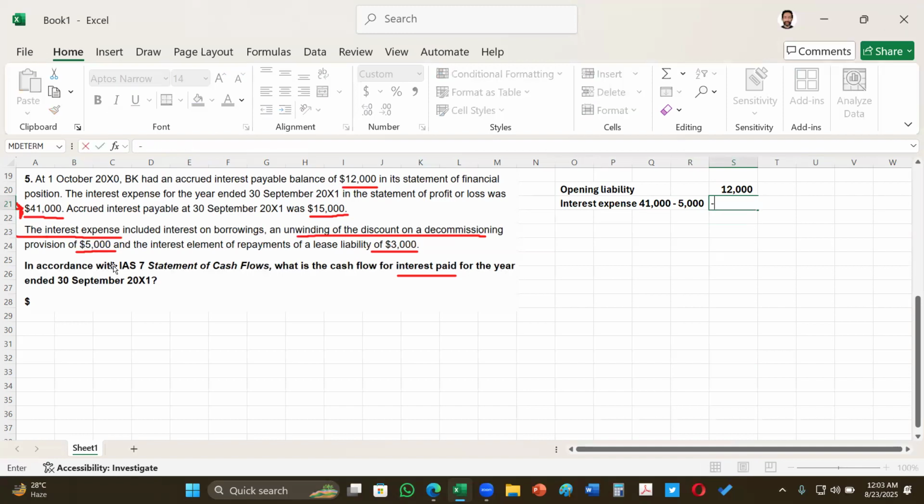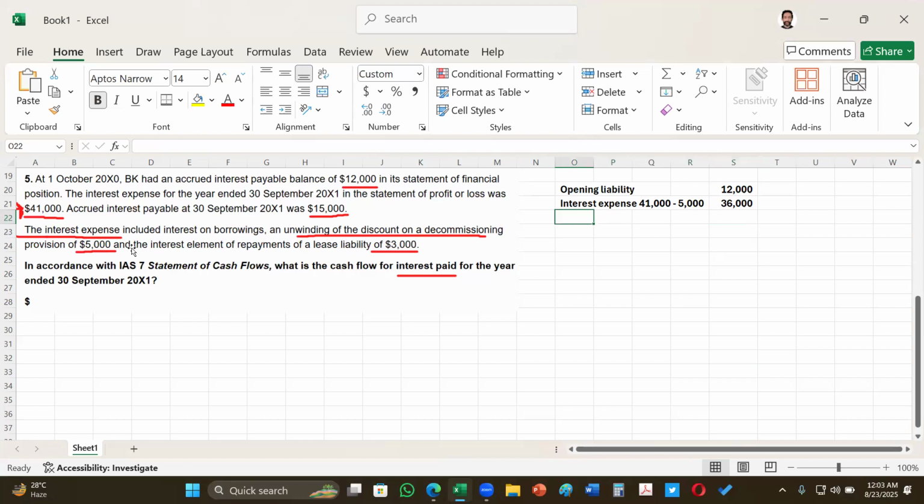So the interest expense should really be 36,000 that we added here, because this 5,000 is part of the 41,000, as they say the interest expense included interest on borrowings and unwinding of the discount on decommissioning provision of 5,000. So we take that away, and we figured out the total due: we add these two values, and we say that is the total value due, which is 48,000.